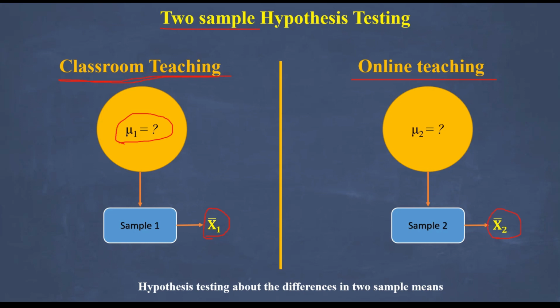So this is sample 1 and this is sample 2. That's why these tests are called two sample hypothesis testing. Now, if you take samples multiple times, x1 bar minus x2 bar will have a standard distribution.